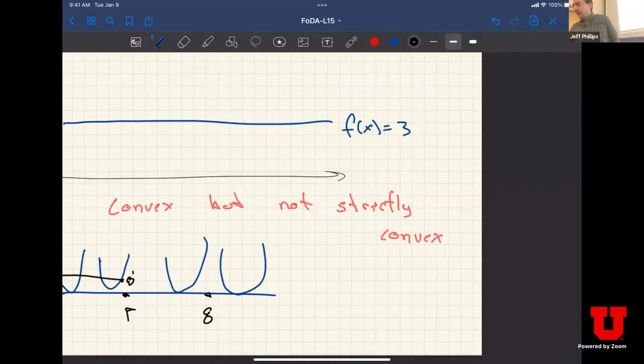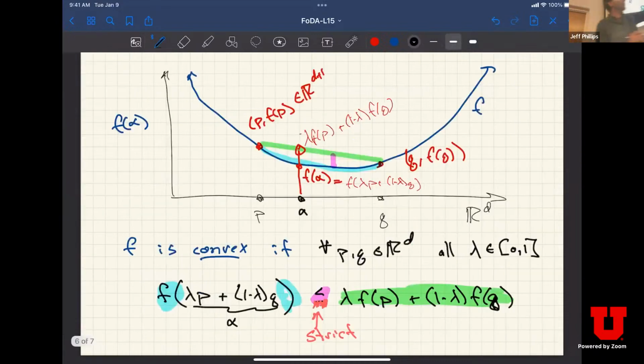For strictly convex, I also need lambda between 0 and 1, but not equal to 0 or 1.